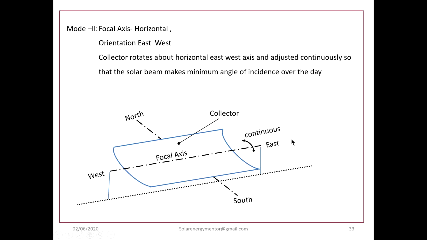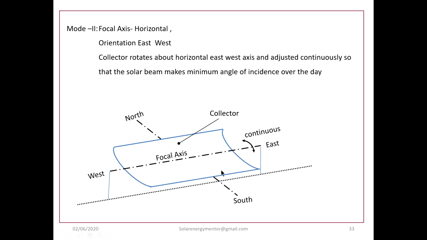So sun, remember, sun is rising from here and it is setting on this. So sun is moving like this. So sun will be at this point in the morning at the horizon, and then it starts from here and then it sets on this side. So the collector has to be continuously rotated like this to adjust the elevation of the sun. So sun's elevation at the horizon in the morning will be 0.